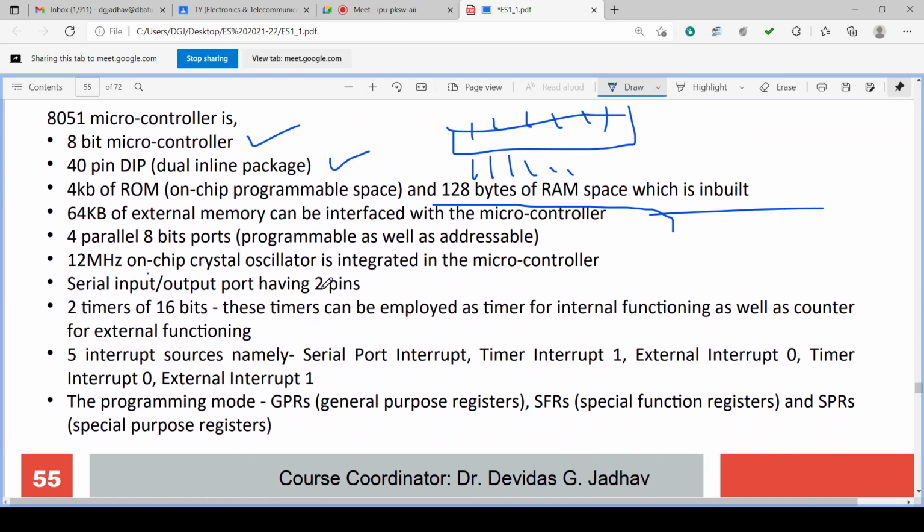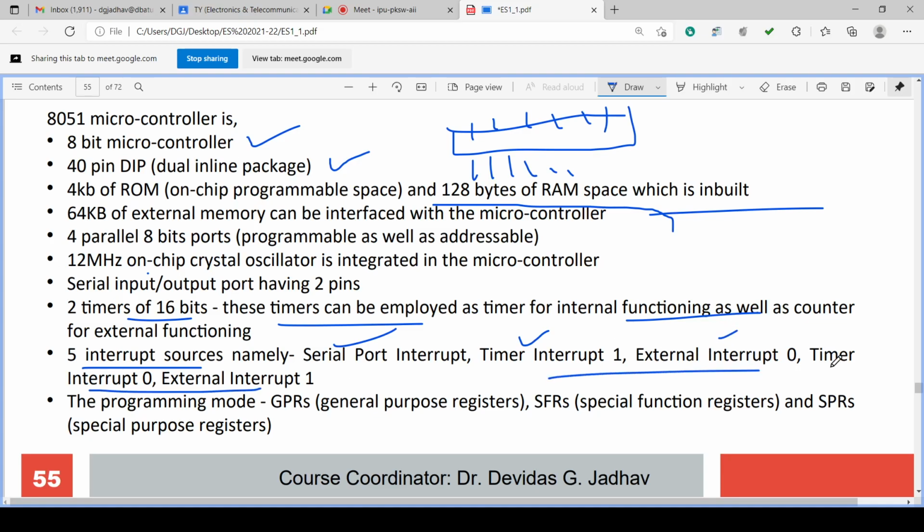Okay. Then a serial input output port having two pins, and two timers of 16 bit. These timers can be employed as a timer for internal function as well as a counter. 5 interrupts are there: serial port interrupt, timer interrupt 1, timer interrupt 0, external interrupt 0, external interrupt 1.